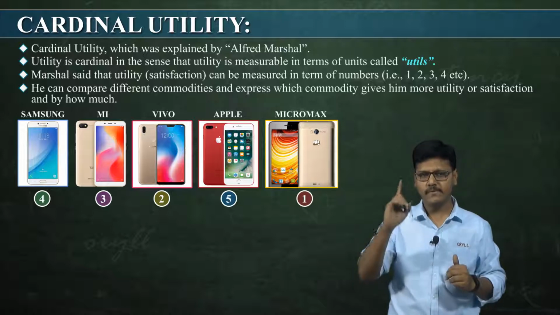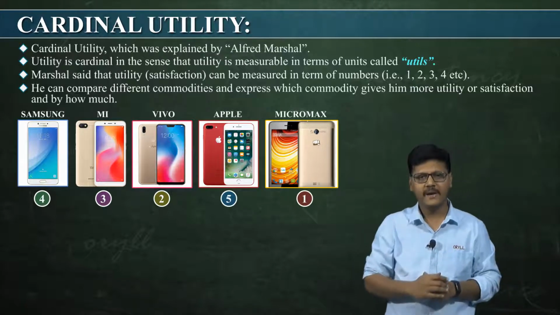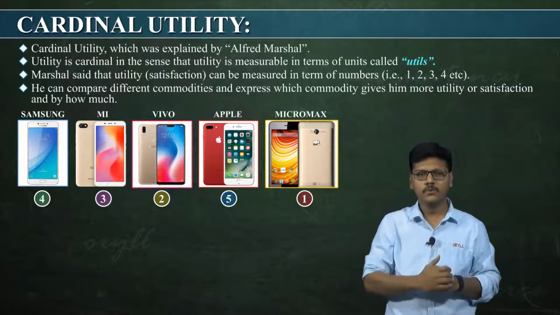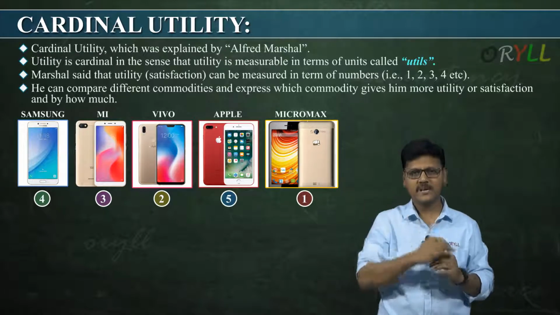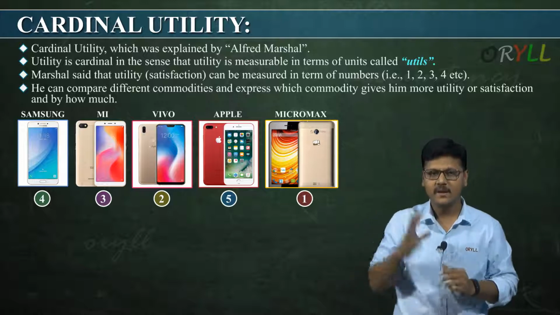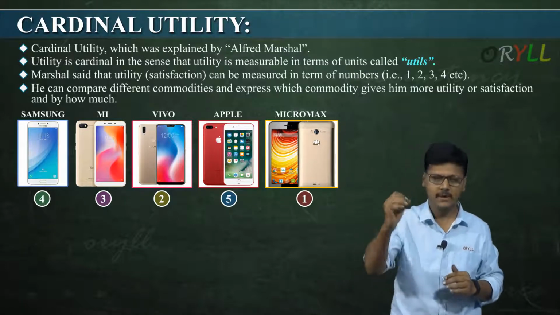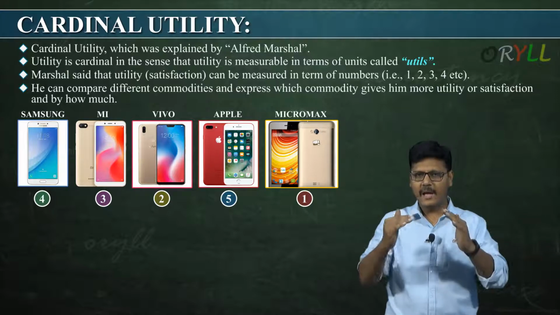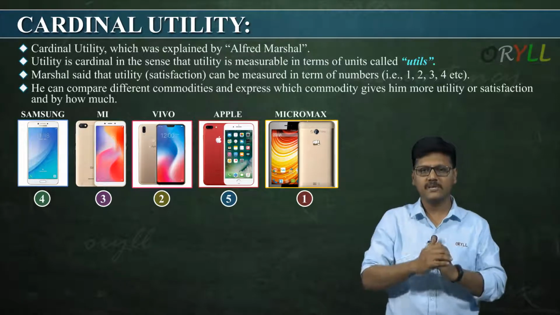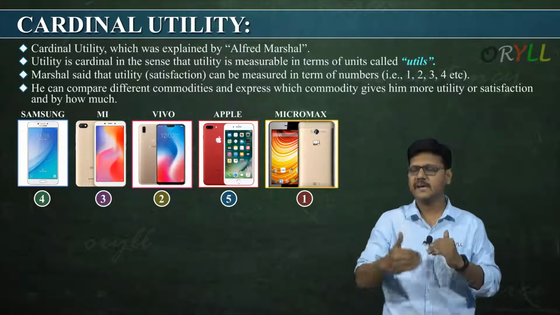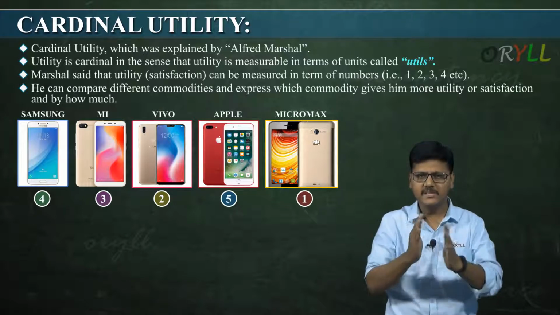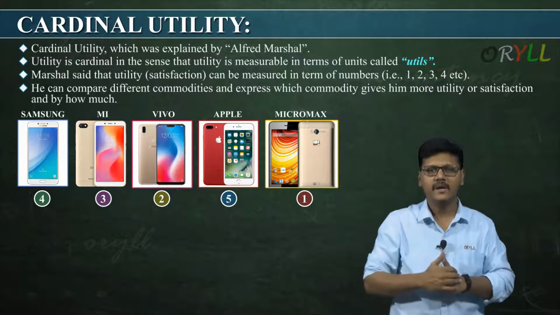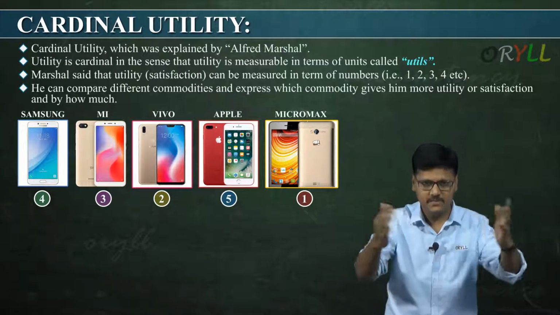Out of 5 you have given 1 to Micromax, 2 to Vivo, 3 points to MI, 4 points to Samsung, 5 points out of 5 to Apple. So it means that Apple gives you more satisfaction than the Micromax or any other mobiles in this list of 5. So it is very easy to compare.